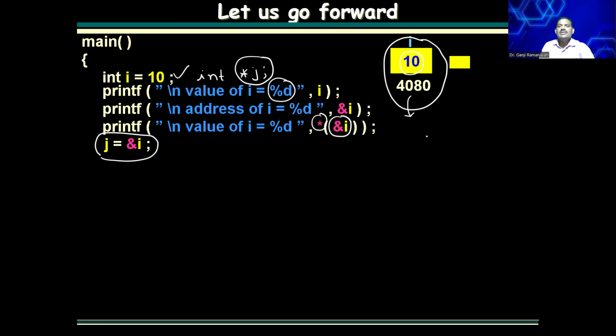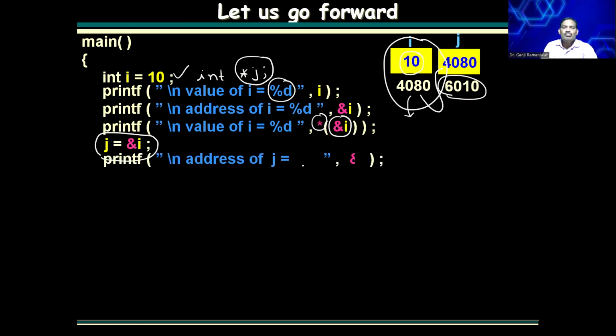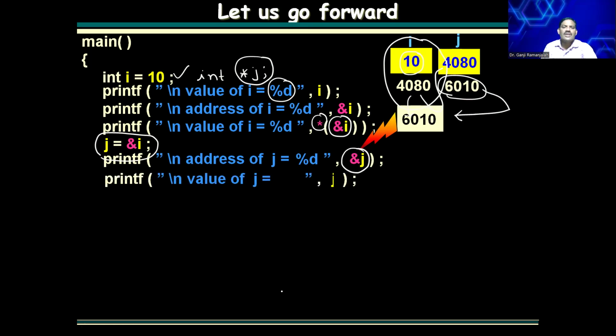Memory will be allocated for J at location 6010. What does J contain? 4080. Printf address of J is equal to what? Ampersand J. What is ampersand J? 6010.